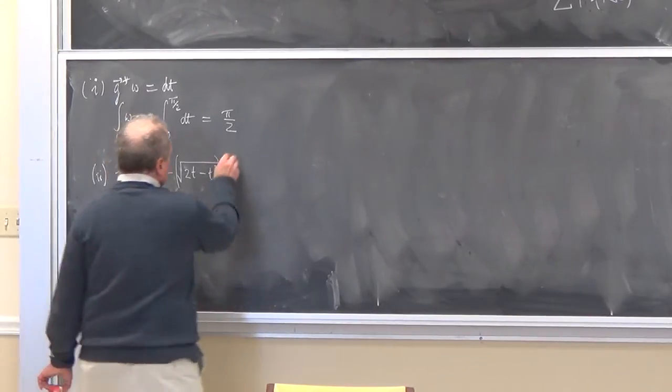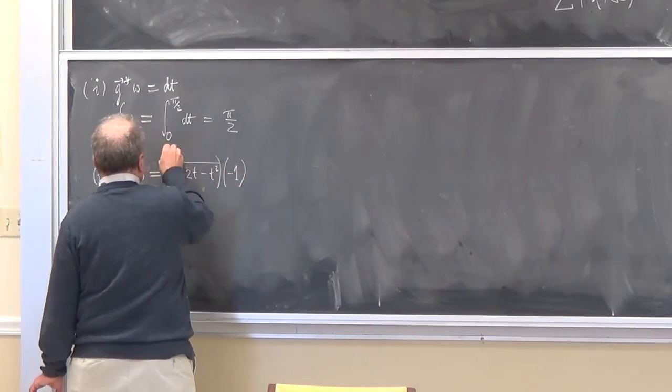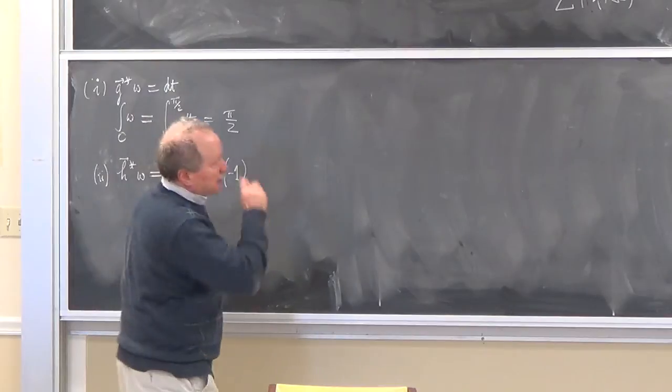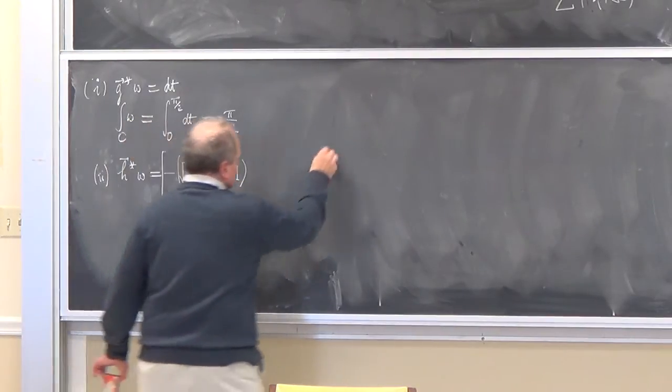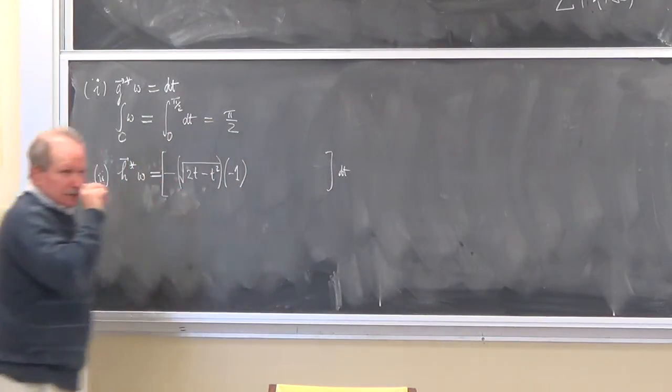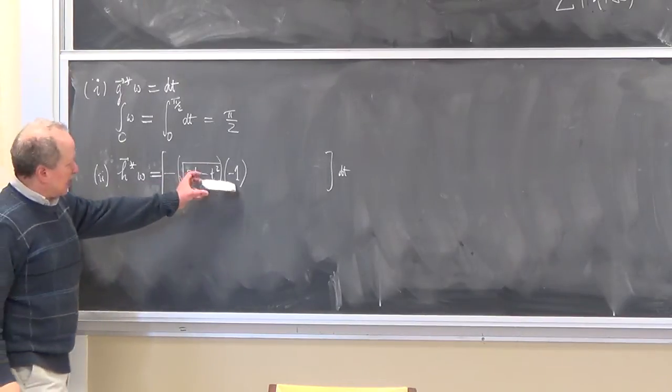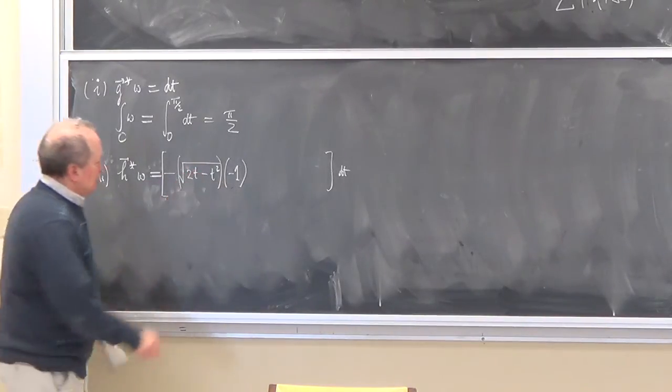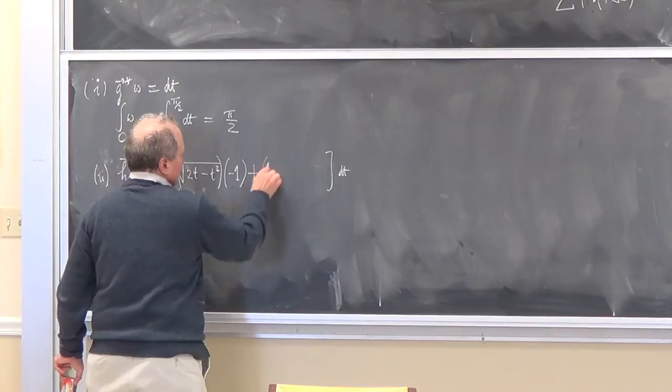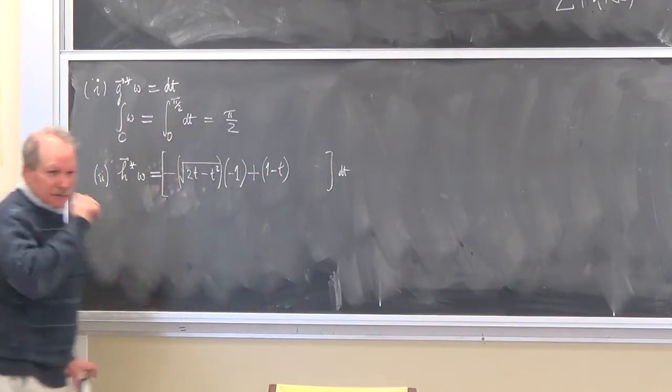Negative dt. Where'd you get the negative sign? This is a minus, it's 1 in there, yeah. And I'm going to put the dt at the end, okay? So the pullback of dx is negative 1 dt.